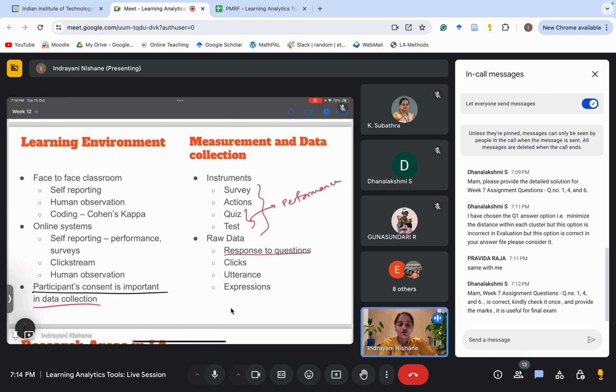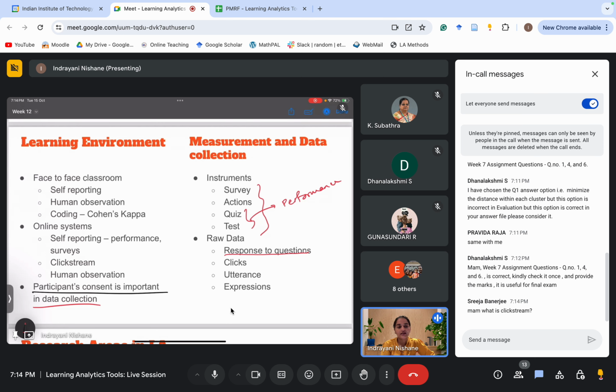Then in terms of online learning environment, their clicks pertaining to the actions they are taking in the learning environment, the number of clicks. Click stream is nothing but how many clicks are happening and in what sequence they are happening, with the help of timestamps, their log data or click stream data.